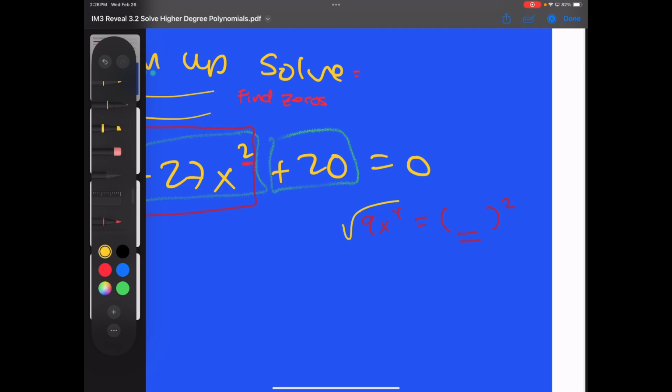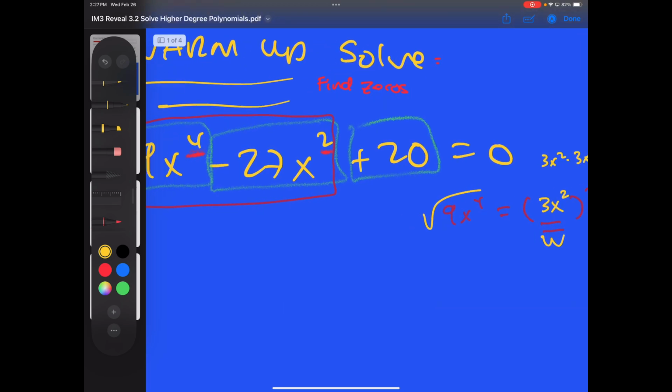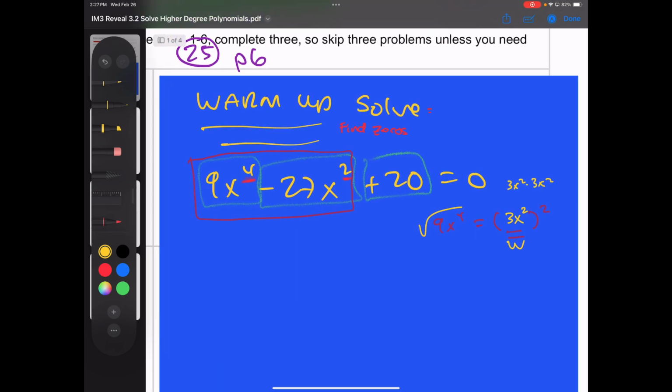Class, what is it? 3x squared. Right? 3x squared times 3x squared is going to equal 9x to the 4th. What's your favorite letter? W. W equals 3x squared. Let's write this with w's now.